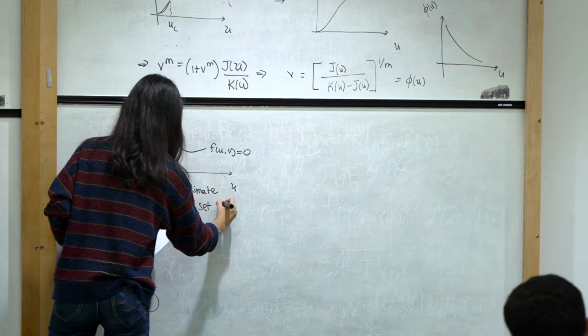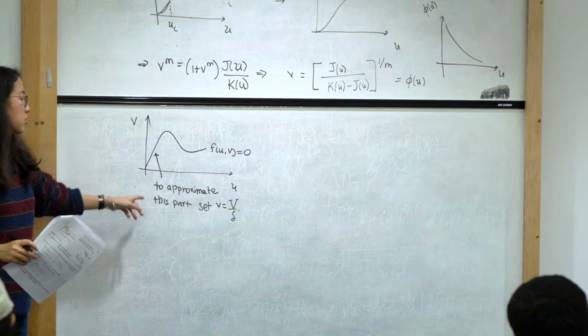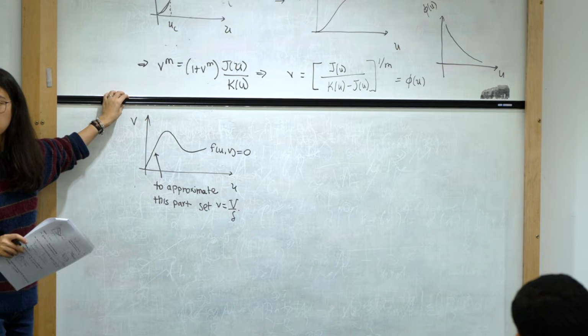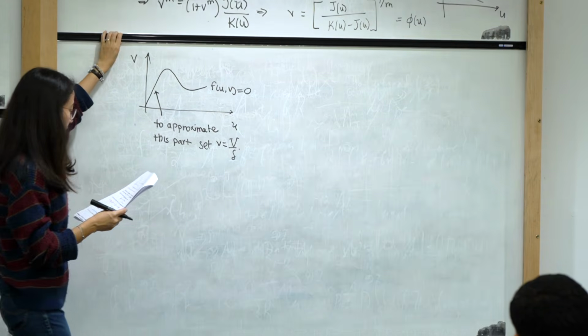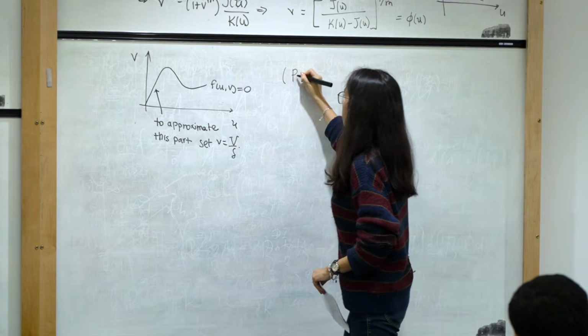Set v is equal to v divided by delta. In order to do that, there is also extra information in the typeset notes for how to do that, okay? All right, so maybe I will say here so that you remember, see problem sheet.